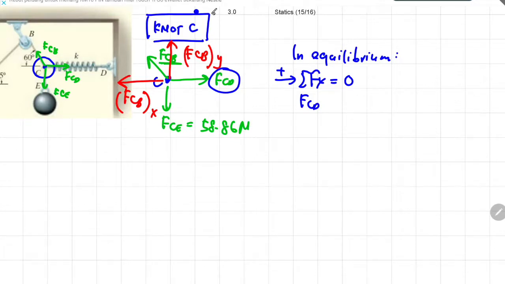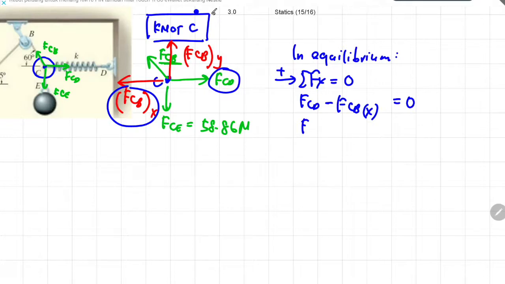And then what other forces exist in the system? FCBX, but the direction is towards the left, so you have to minus FCBX. Are there any more? No. All the others are in the y-axis. So the ones that are not there, we neglect. We just consider only the forces acting on that particular axis. So the summation of these forces should be equivalent to 0.